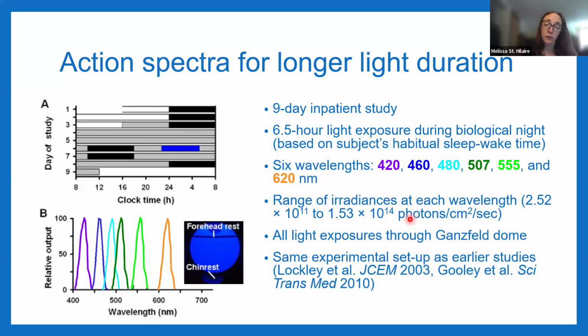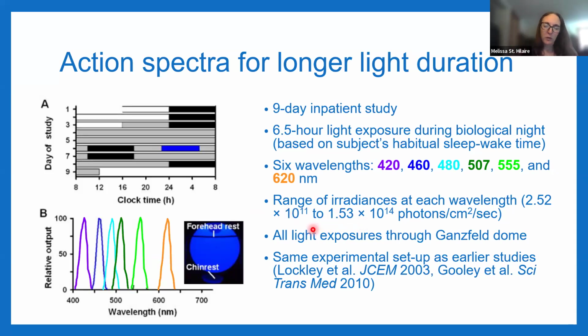We did a range of irradiances at each wavelength, so from very low irradiance to fairly high irradiance. All of these were done in a Ganzfeld dome, which you can see there, so it was all very targeted exposure. I will also say that we did this with pupils dilated, so we're getting maximum light into the system without the impact of any constriction for the brighter light levels.